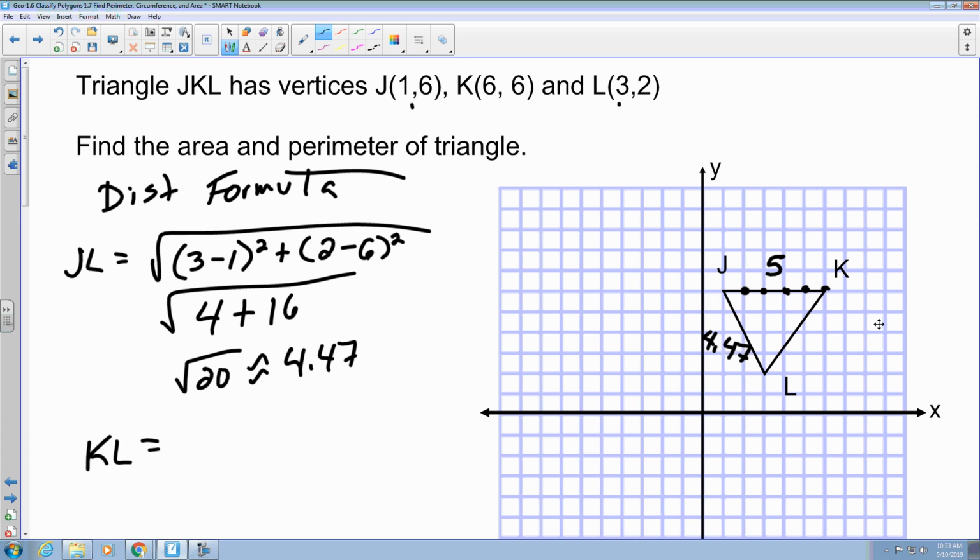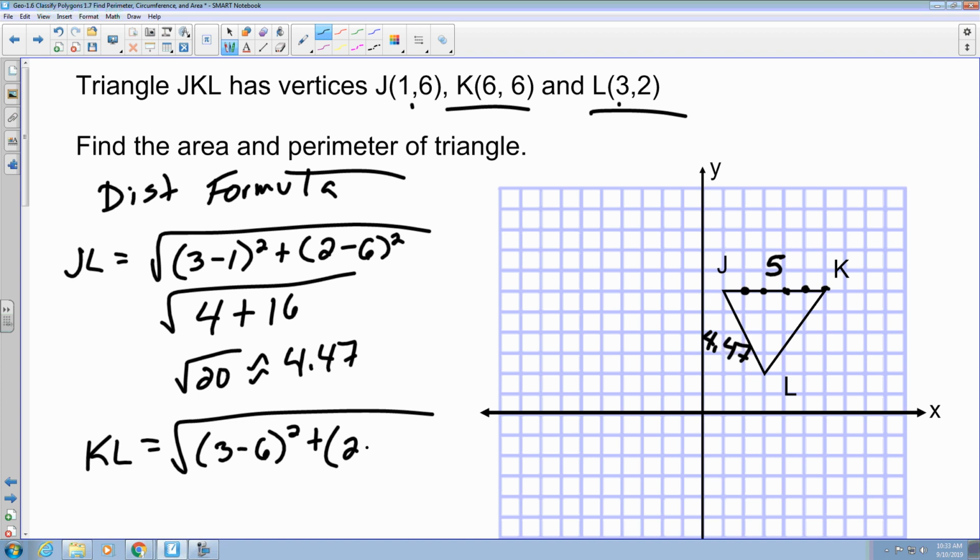So now I have to find KL. KL is going to be the square root of, all right, I have K, I have L, now I just use those. So the difference of x values, 3 minus 6 squared, plus 2 minus 6 quantity squared. 3 minus 6 is negative 3, negative 3 squared is 9, so I have the square root of 9 plus 2 minus 6, which is negative 4, negative 4 squared is 16.